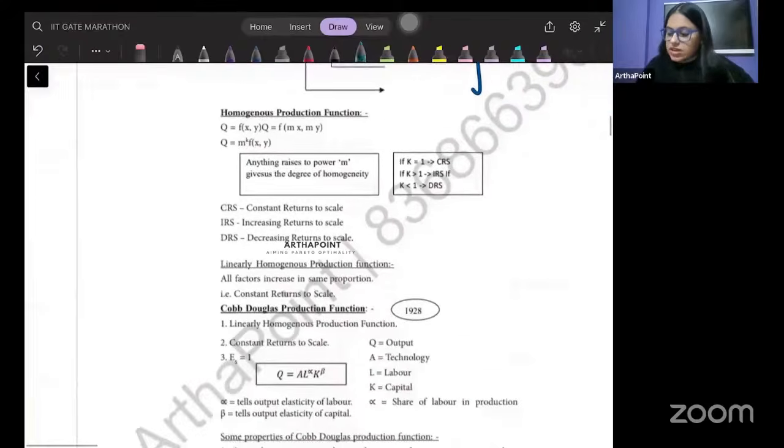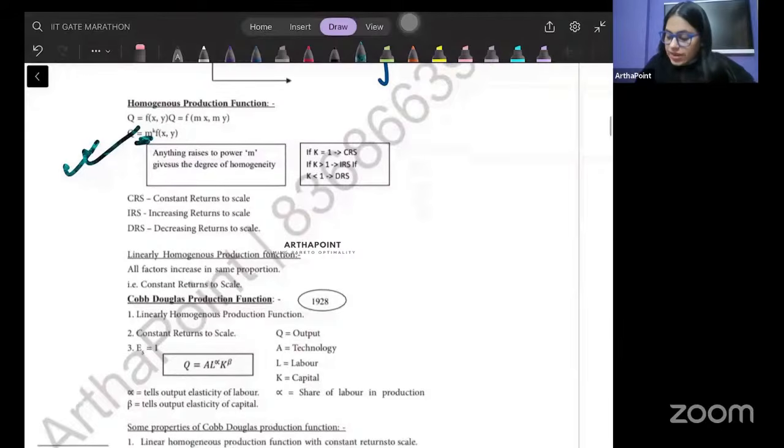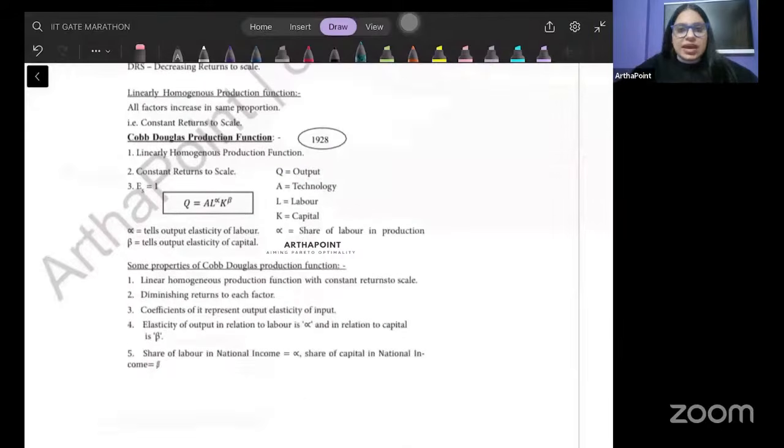Okay. Then you have a homogeneous function. Any function in which we can scale and take the factor m outside, that's a homogeneous function. Isn't it simply the power of L here?